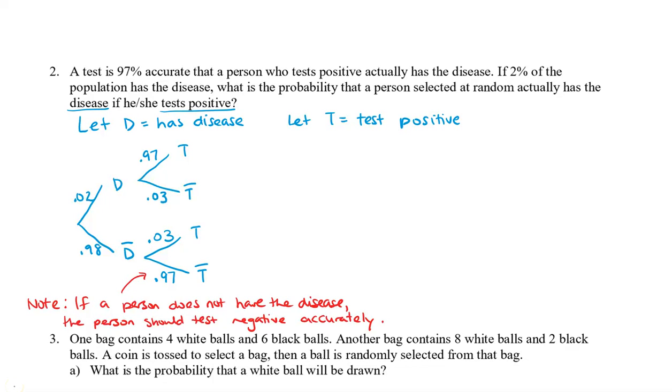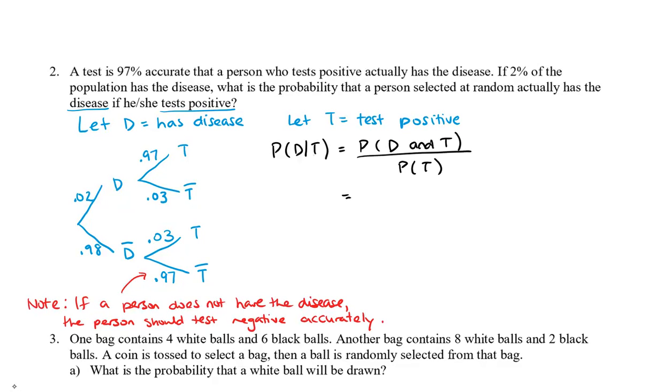All right, let's go back to the question. So what is the probability that a person selected at random actually has the disease? So probability of having the disease given they test positive. So that equals the probability of having the disease and testing positive divided by the probability of testing positive.